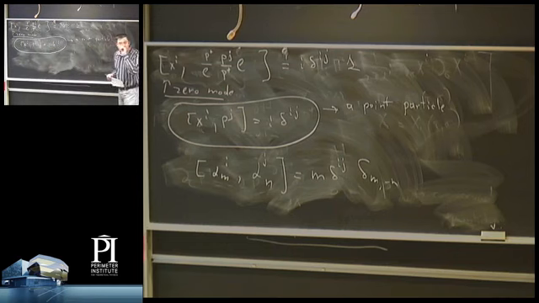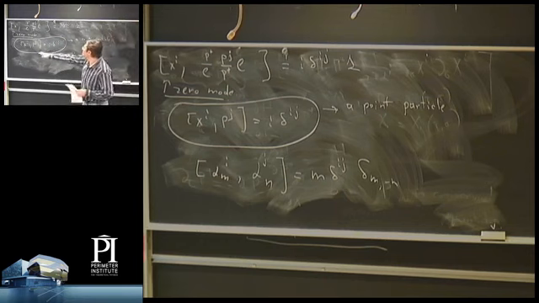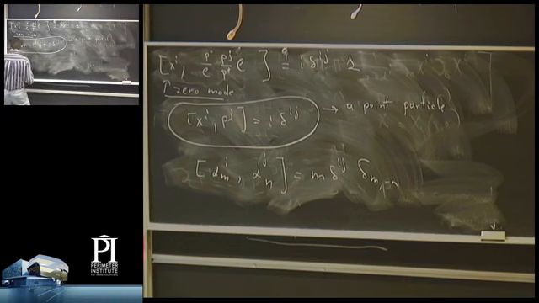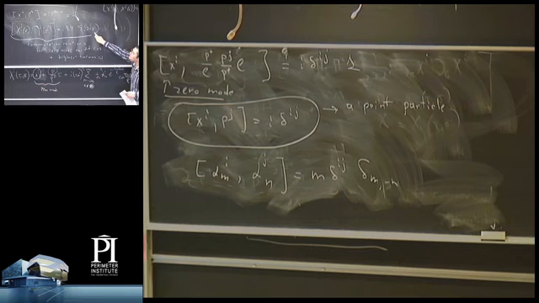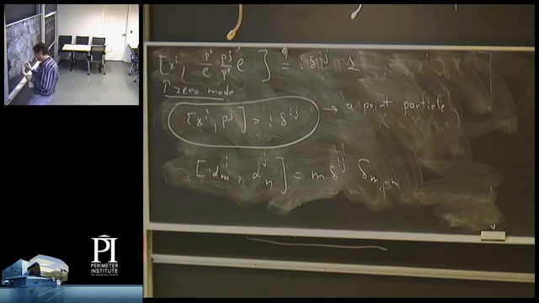Okay, so I did it only for zero modes, but you can repeat everything, including these high harmonics, and what you will find out is that this canonical commutation relation implies the following identity on the Fourier modes.